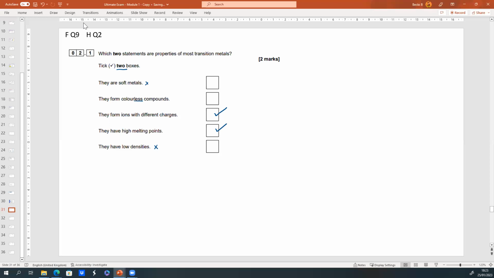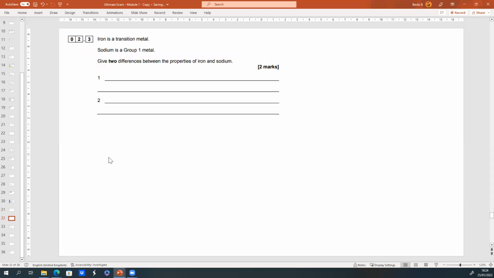These are your typical metals, door handles, grates on the road, etc. So they've got high melting points. When we put them into water, they wouldn't melt like group 1 do.